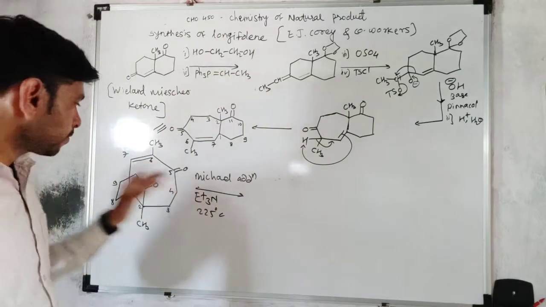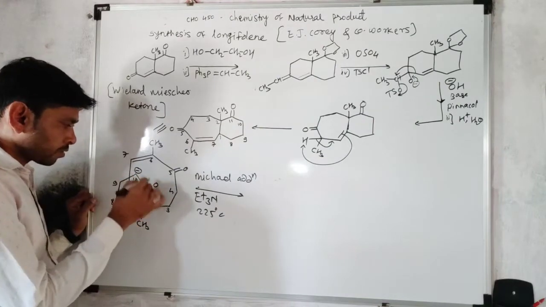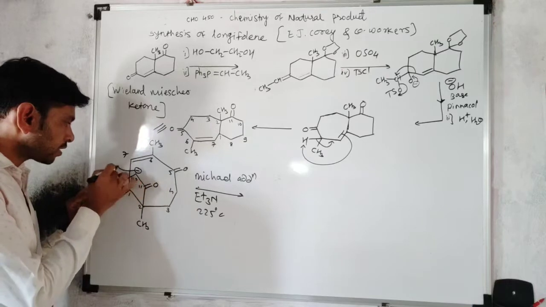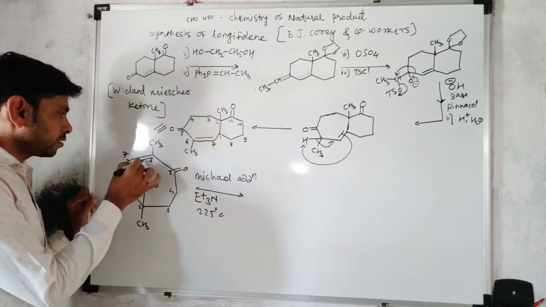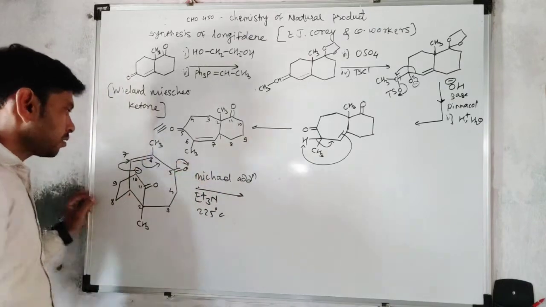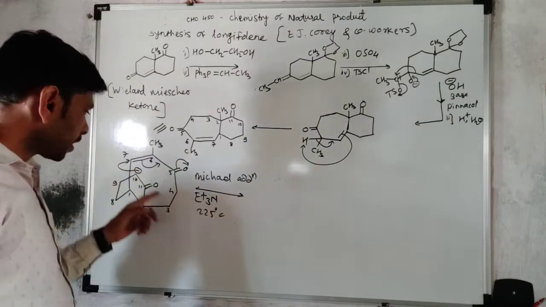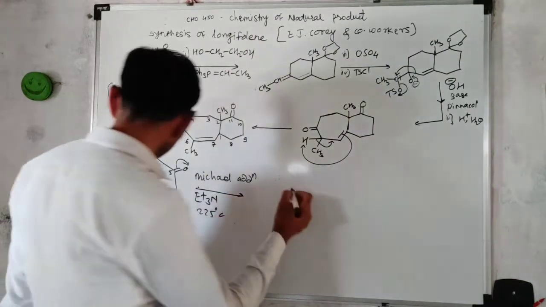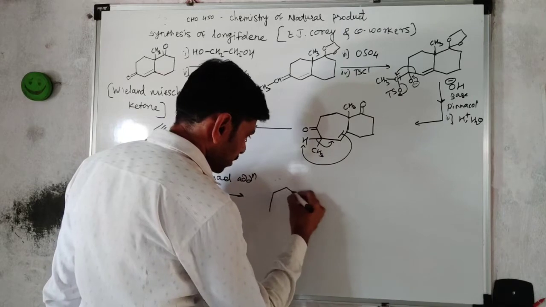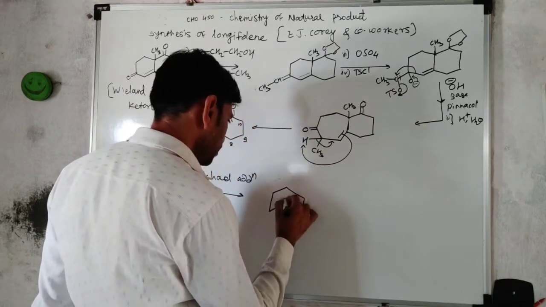At high temperature, this base removes a proton here, which can be stabilized by delocalization. So it attacks this, and again there is a conversion of the bicyclic compound into a tricyclic compound. See the reaction here. This tricyclic compound easily gets converted and stabilized.